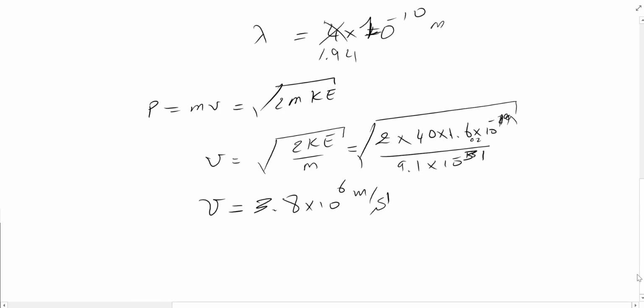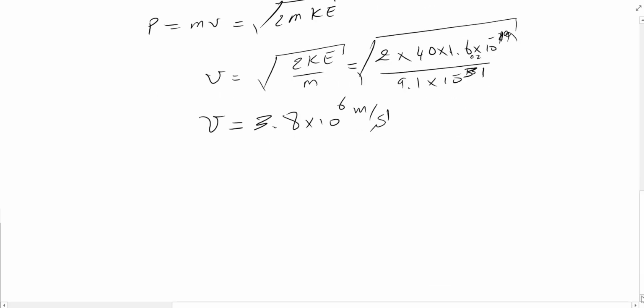Now we need to find the time. The time, we have the velocity, we have the distance. So the time simply is going to be r over v, and r is how much? 2.5 meters? 2.5 meters divided by this speed, which is 3.8 10 to the power 6. And that is going to be something of the order of 10 to the negative 7, because the denominator is less than the numerator.